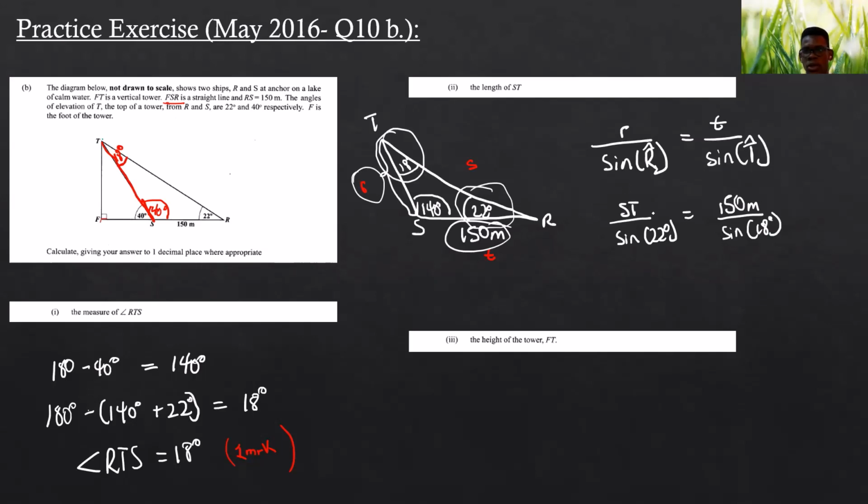So we know we can transpose, we can solve for ST by transposing sine 22 degrees. So ST would be simply equal to 150 meters divided by sine 18 degrees. Now the sine 22 is going to be multiplying. And we can solve this.